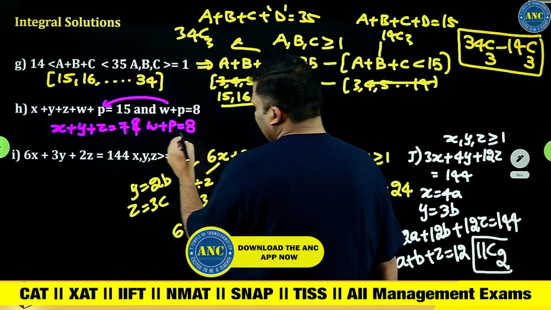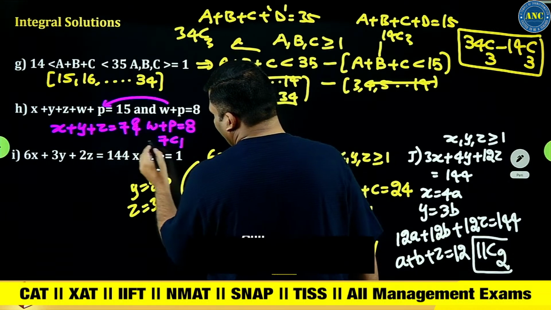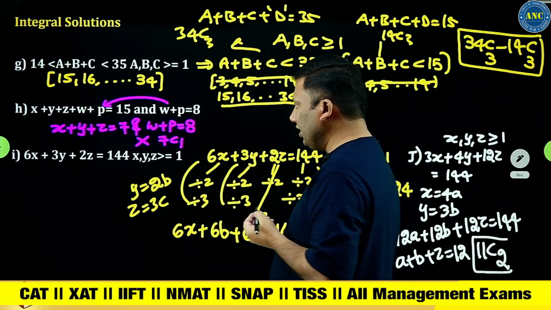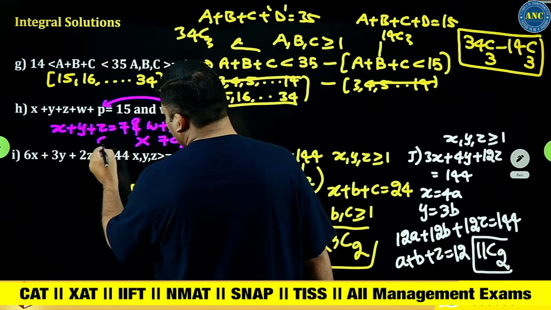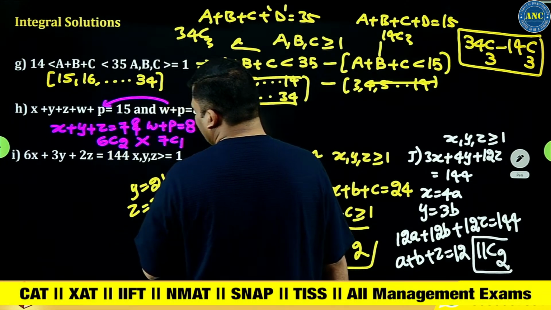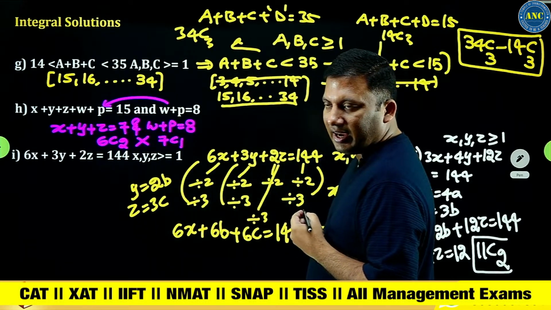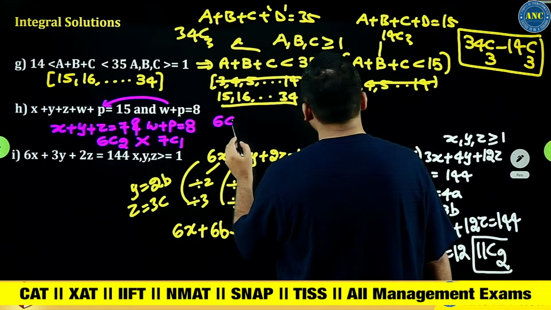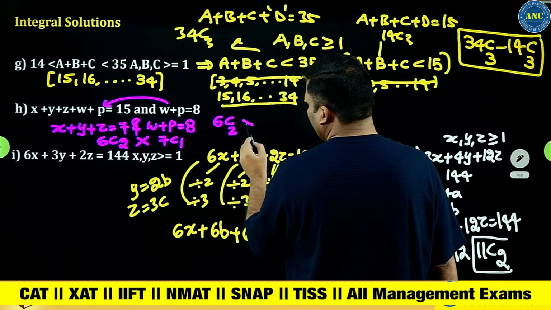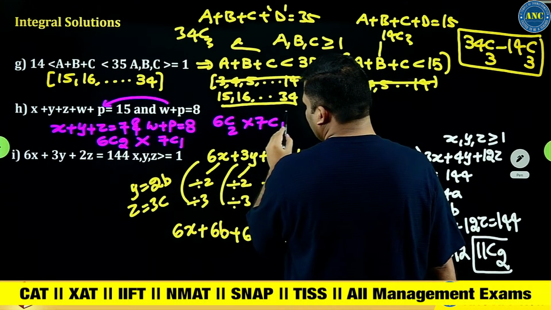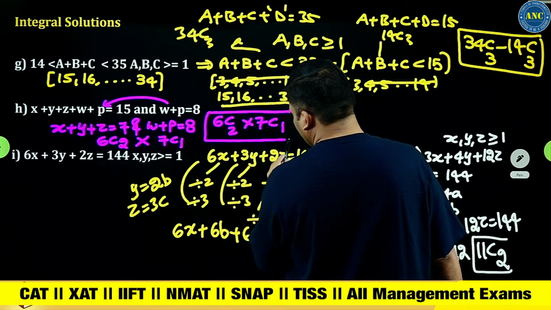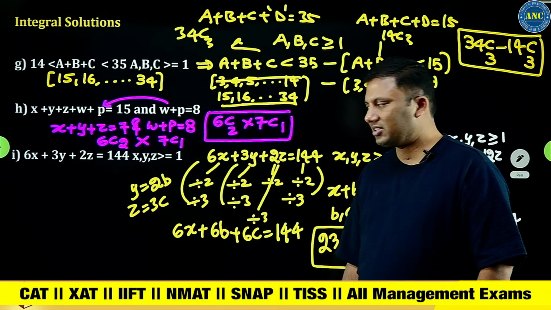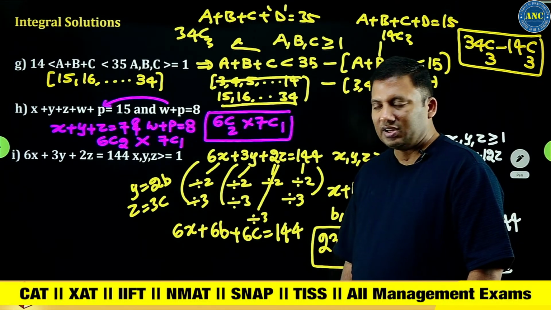So this will be 8 means 7C1, and the and condition is the fundamental principle of multiplication, into x plus y plus z equivalent to 7. 7 balls are there. There are 6 cuts. 3 variables, 2 cuts. So the answer for this question is 6C2 into 7C1. I hope the idea is very much clear.